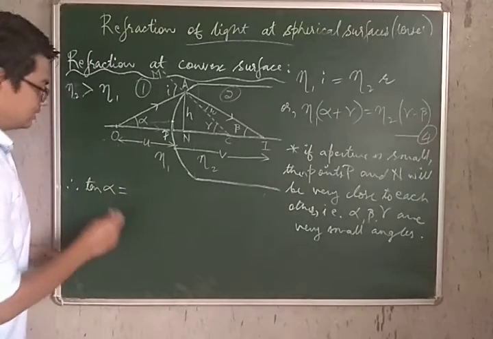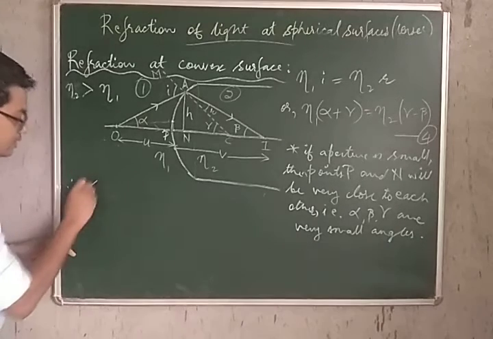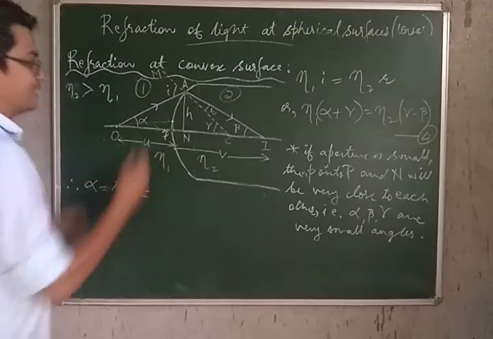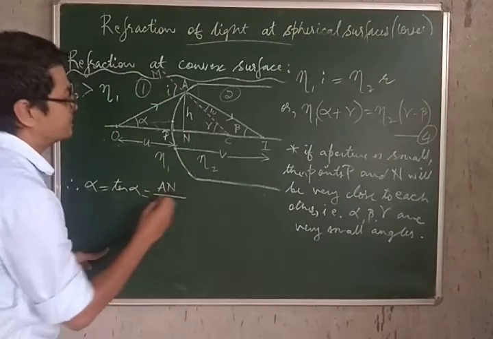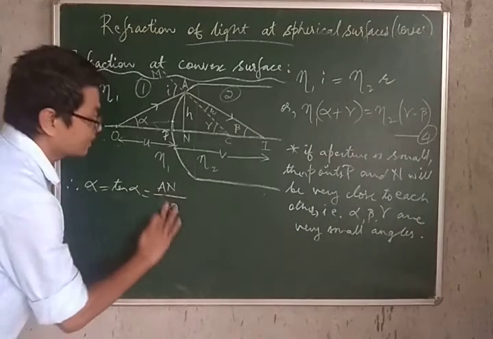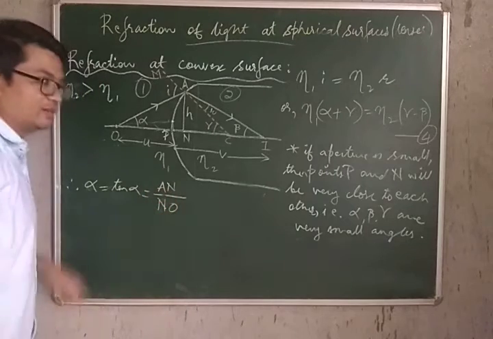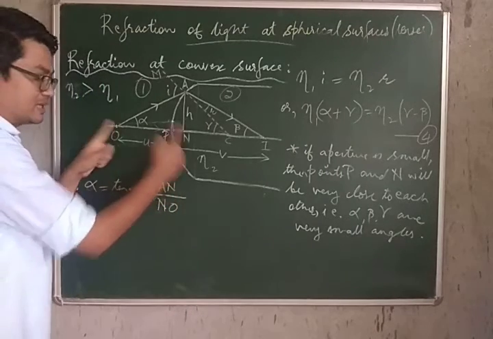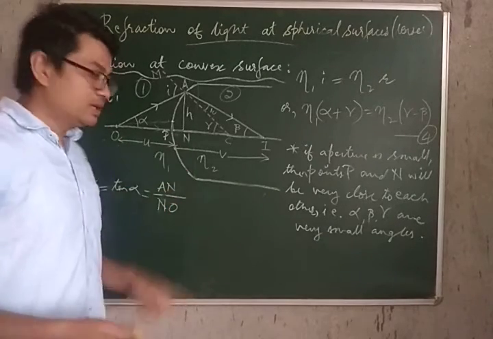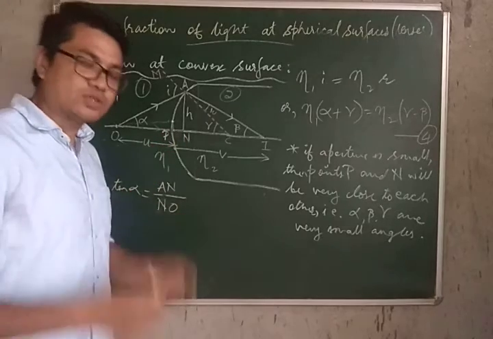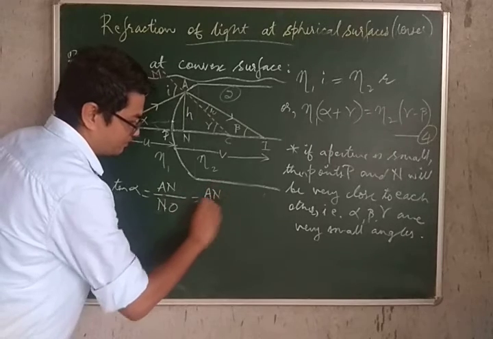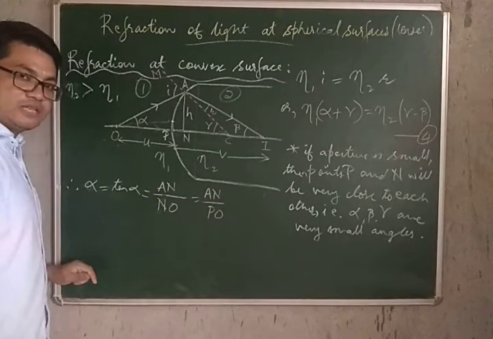So alpha, tan alpha, which is perpendicular by base, which is AN divided by NO. In this right angle triangle, the base is NO. But we've already considered the aperture to be very small, so P and N are very close to each other. So instead of NO, we can write PO. So AN divided by PO.